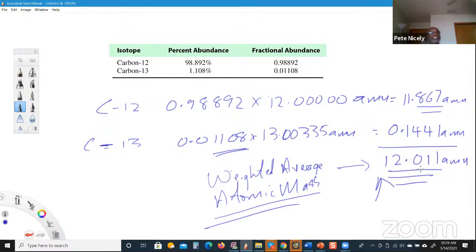So it's very important that you understand the difference between those two, all right? The mass number is the sum of the number of protons and neutrons, while the atomic mass is the average mass of the atom, taking into account the percent abundance of each isotope of that particular element. Okay, so much for that. Any questions?